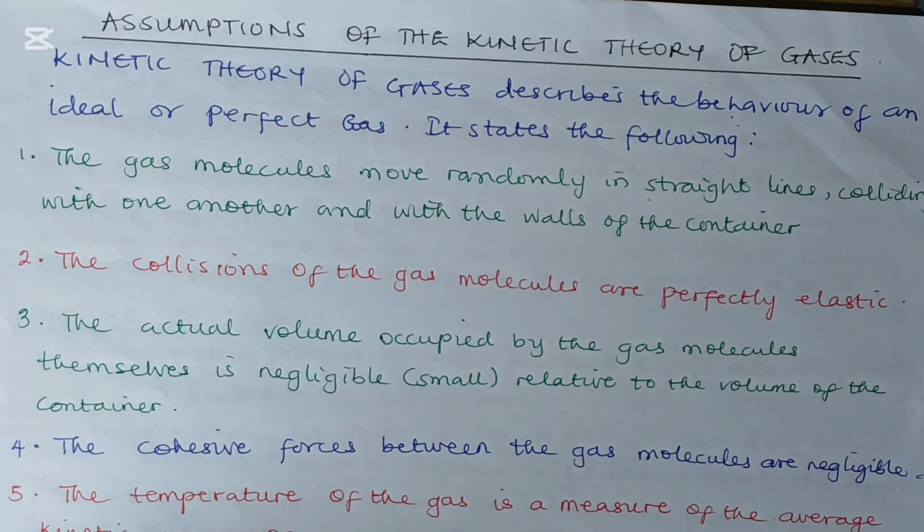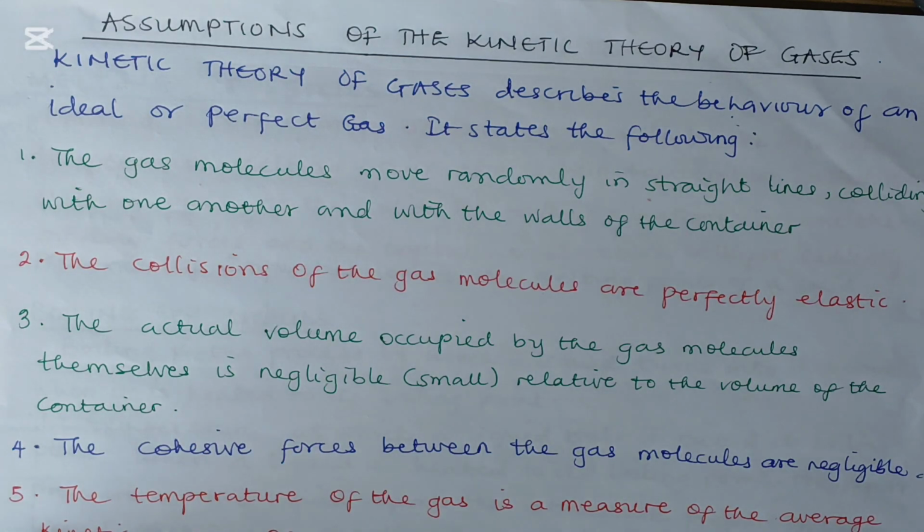Number 2, the collisions of the gas molecules are perfectly elastic. It shows that when these gas molecules collide with themselves, their collisions are elastic. That is, they collide and bounce back. Then the third one: the actual volume occupied by the gas molecules themselves is negligible.